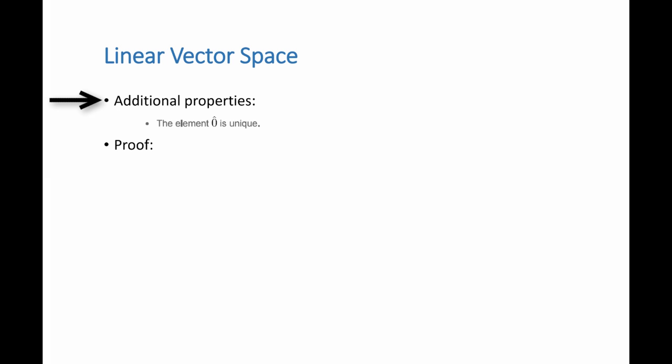One of these additional properties is that the zero element is unique. And I'm going to show you the proof of this statement, that if a linear vector space has the zero vector, the zero vector has to be unique. So to prove that 0 is unique, we're going to assume that we have two zero vectors, and let's call them theta 1 and theta 2.